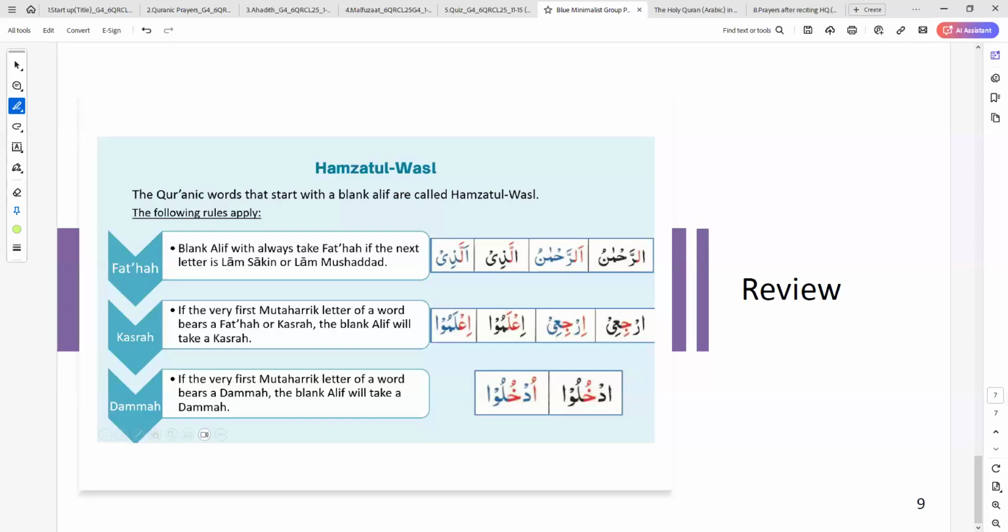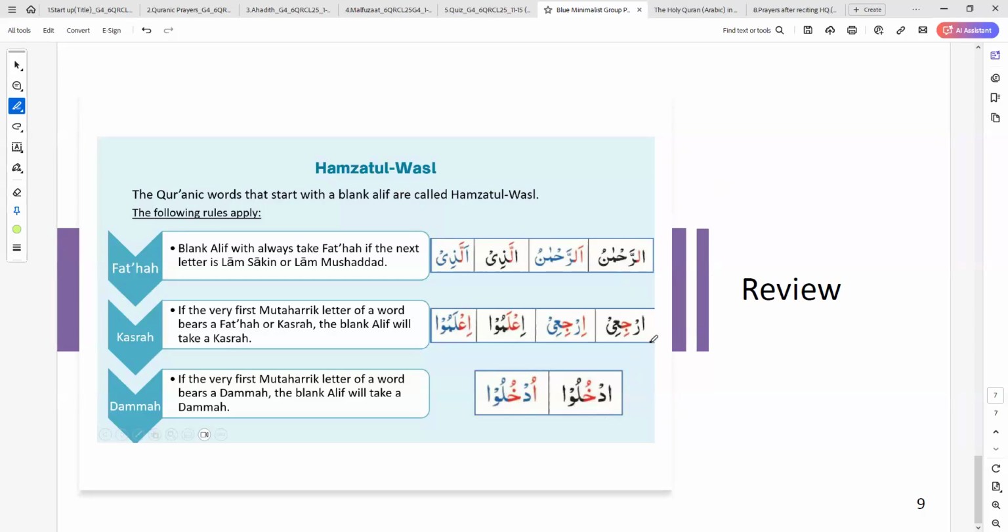Jazakallah. So today we will learn about Hamzatul-Wasl or connecting Hamza. So three rules related to it we learned. If a word is starting with a blank letter and it is followed by lam sakin or lam mushaddad, then alif will take fatha.